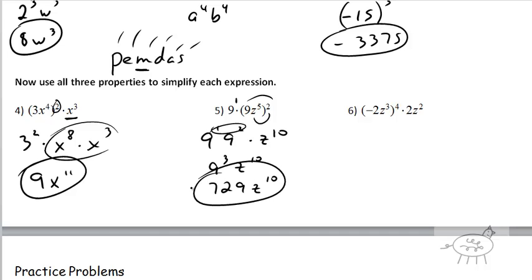Okay? Alright, so this next one, this is where I want to show you something. So it's negative 2 to the 4th, z cubed to the 4th times 2z squared. So here's the deal. If you don't put this in your calculator, if you just type in negative 2 to the 4th power, go ahead and type it in right now. Type negative 2 to the 4th power and look what you get. Negative 16.